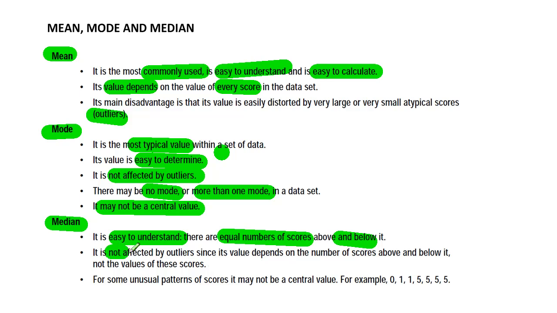It's not affected by outliers because you cut them off to get to the middle, but sometimes there are unusual patterns. For example, this one where the median is also right through to the end, so sometimes it doesn't give us a measure of centralness. So understanding mean, mode and median is really helpful when we're interpreting data. Very significant that these factors be considered and remembered.